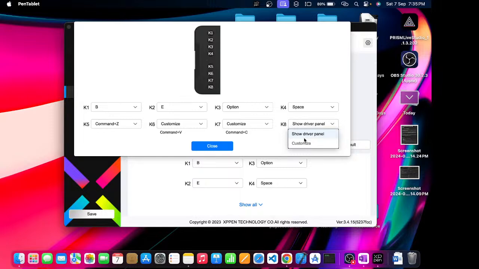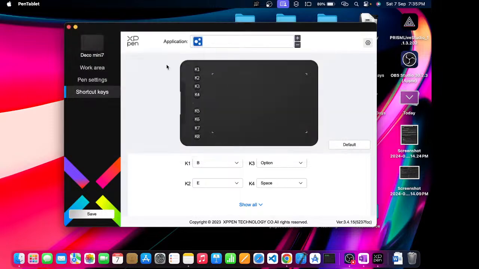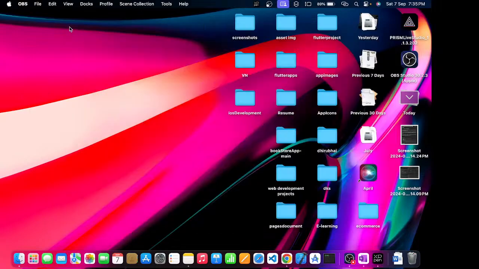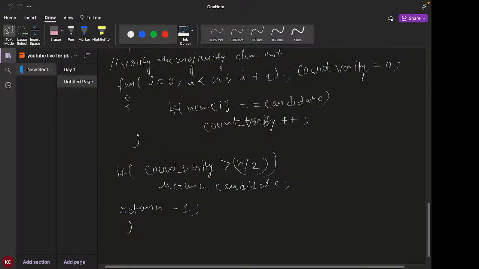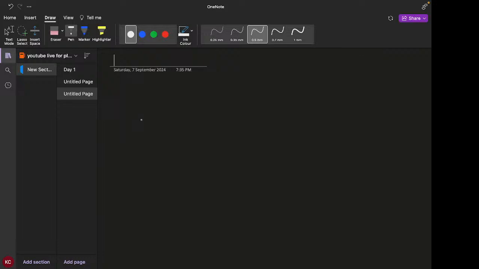So driver panel, command C. So let me directly write it. I will change my setting after some time. I have to add another page. Aptitude day 1.